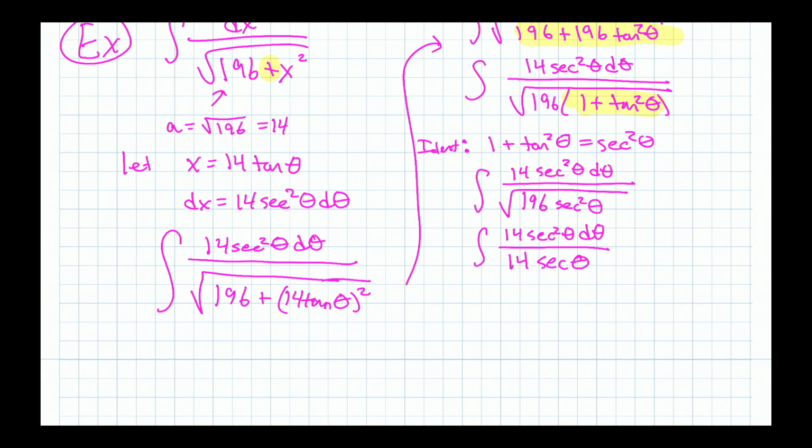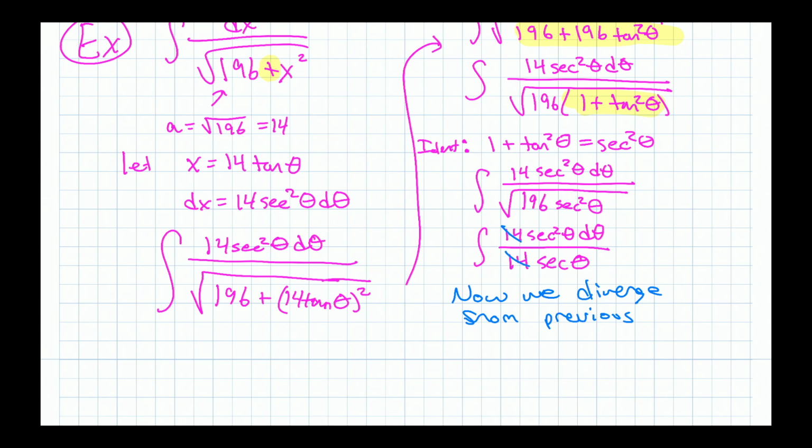So we have that. Then what you're going to do is simplify, right? This is the point where we now diverge from the previous problem. This is where they go in different directions. So what we need to do here, I can cancel a 14, I see that.